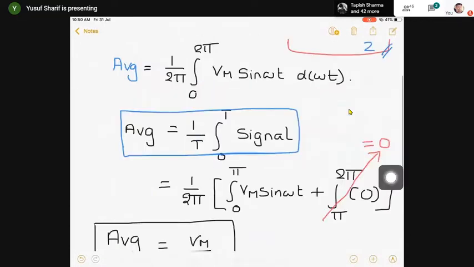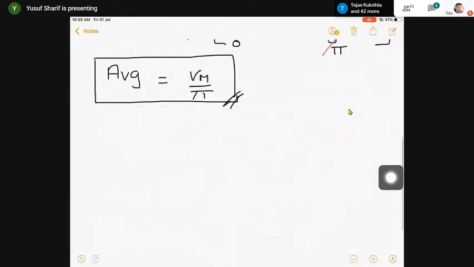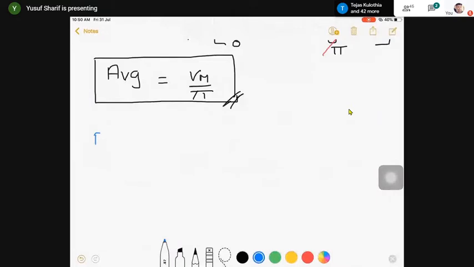What about the RMS value? Can someone tell me the expression? How to? Okay, just don't tell me the result. Square. Yes, and then root. Okay, fine. How do we get this RMS value? It is nothing but root mean square.